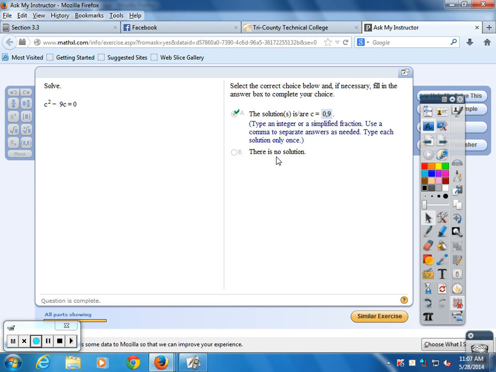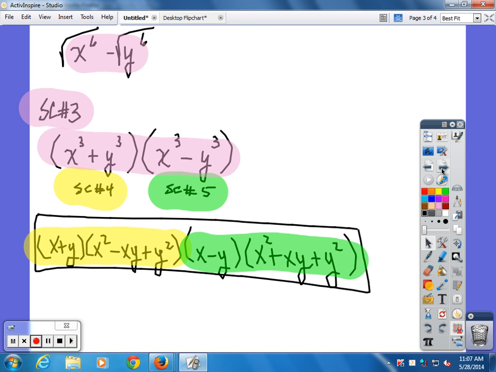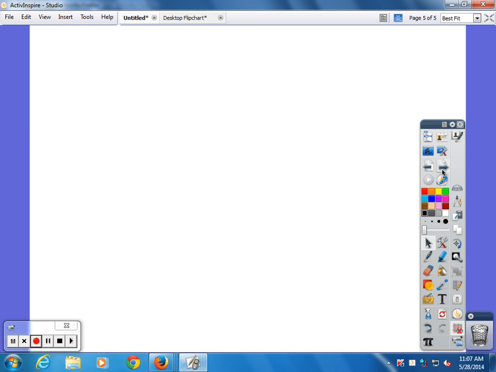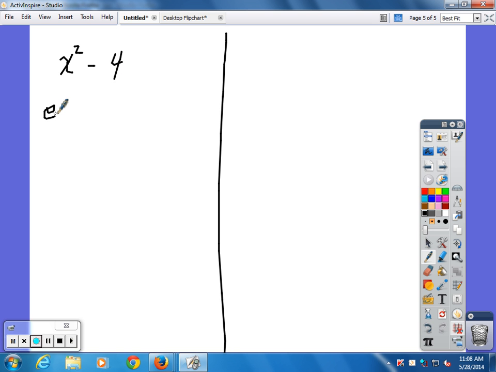We've been dealing with expressions. Let me go to a white page. This is what we've been dealing with so far in 5.6. X squared minus 4. Okay? These are what we call what? Expressions. The only thing you can do with an expression is simplify or expand.